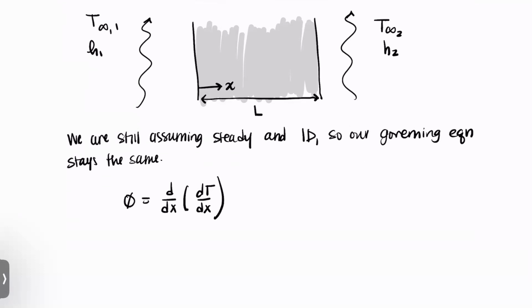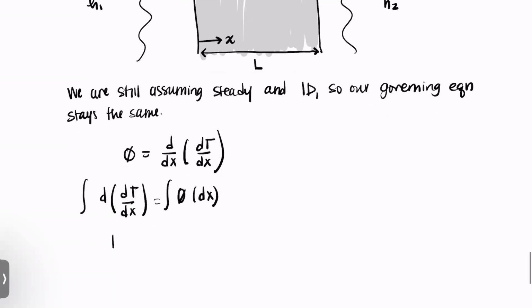All right, once we separate variables and integrate one time, we have d(dT/dx) is equal to 0 times dx. So we integrate this and we end up with dT/dx is equal to C1.